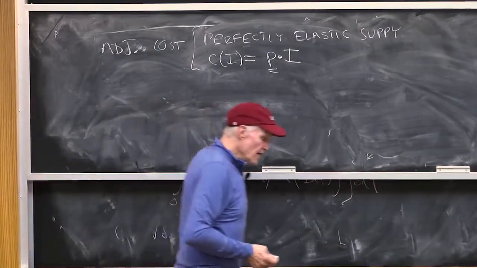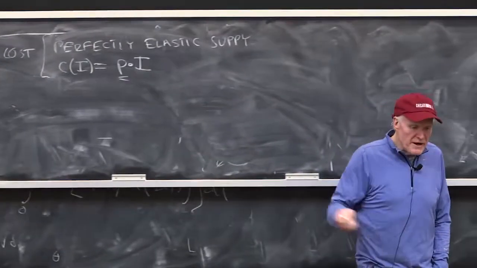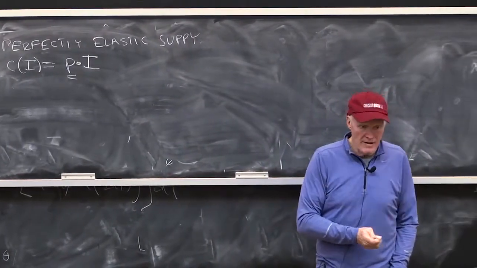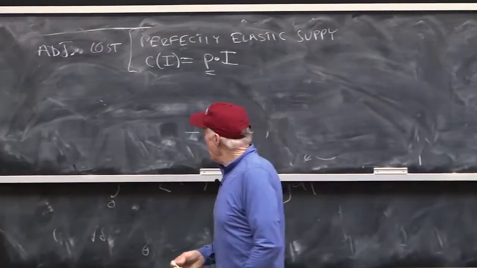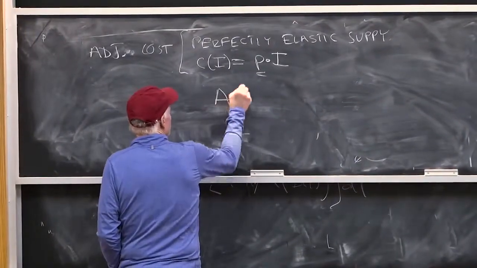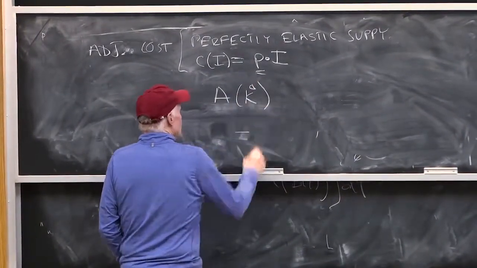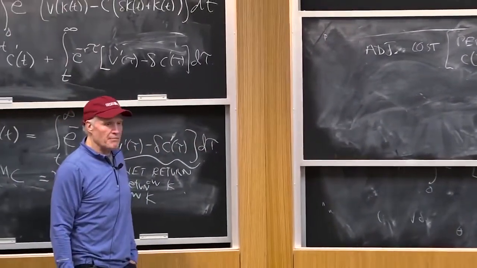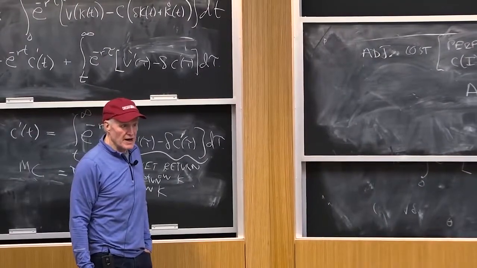That is, it's costly to increase my capital stock and it's costly to reduce my capital stock. So I'm going to have some A of K dot, which is going to be the cost of increasing my capital stock or reducing my capital stock.